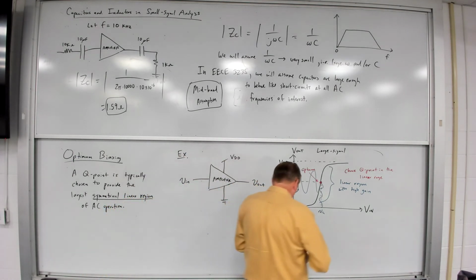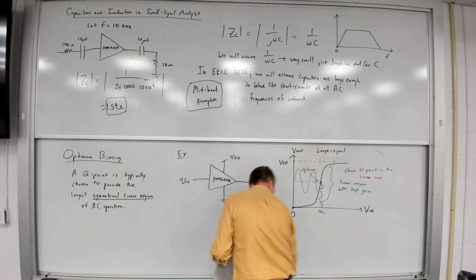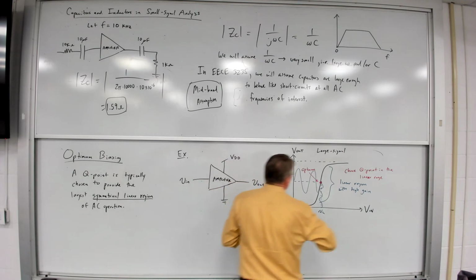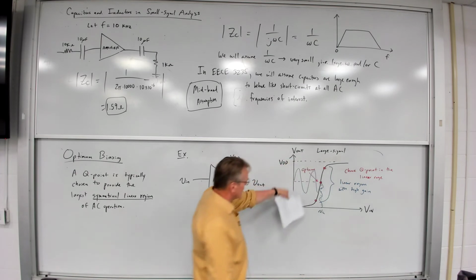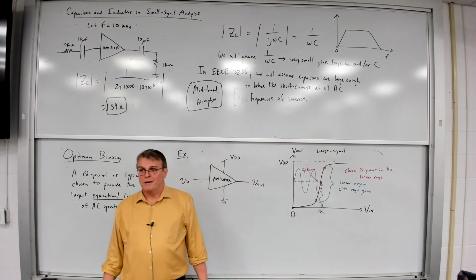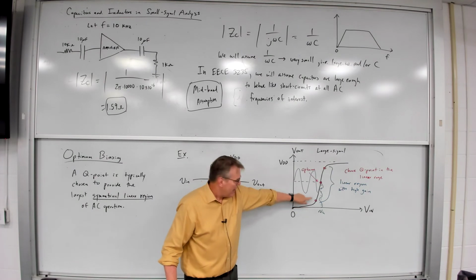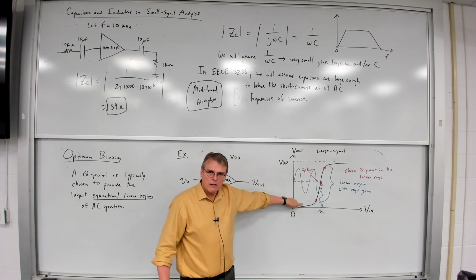Now, you could, of course, also pick points here and here. Those are in the linear region, but they're poor because they're near the edge of the linear region. And so as you start to increase the amplitude, they'll very quickly get pushed into the nonlinear region.